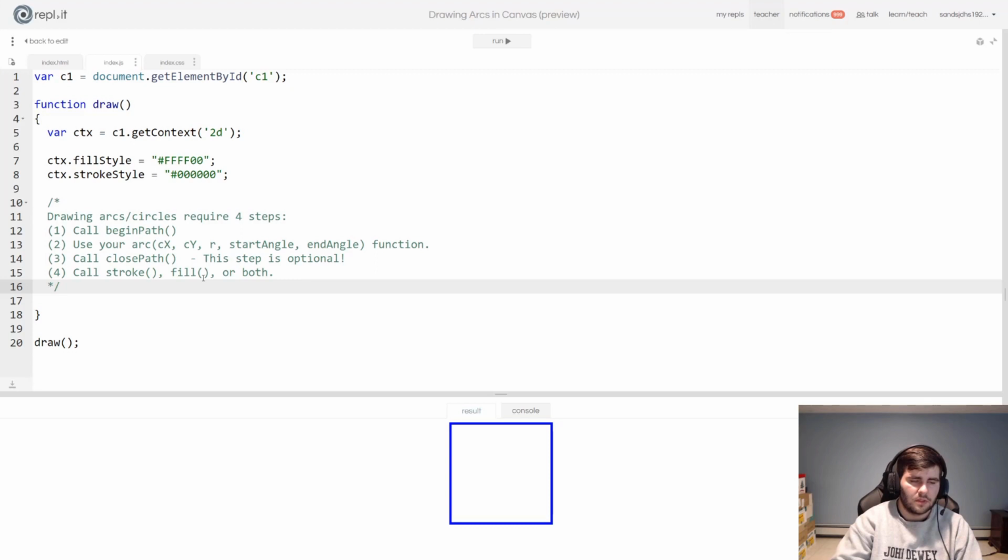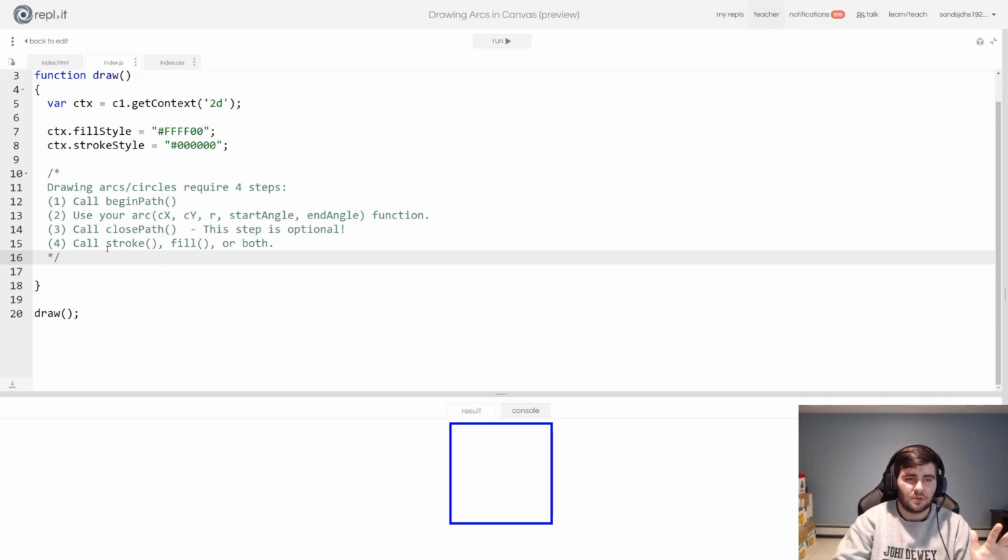All right, so when you're drawing arcs or circles, you need 4 steps. Really, you could do with 3, but I'll say 4 steps. First step is call beginPath. You want to start a path for your arc to travel on, just like with your lines.